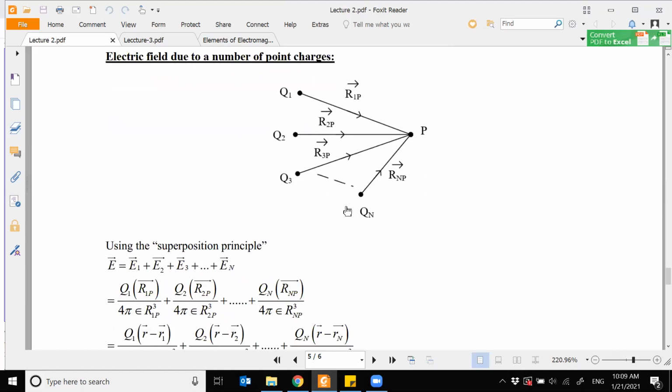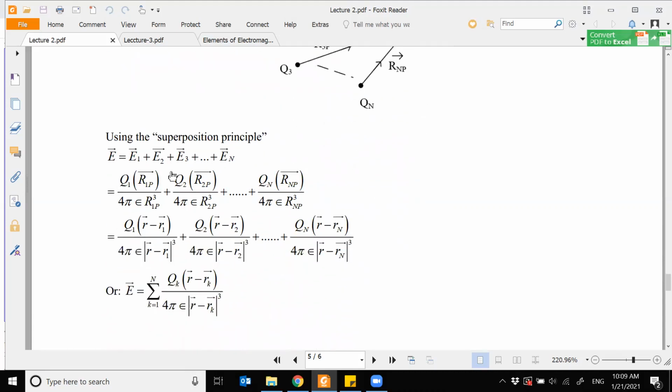If these are all my distance vectors, then the electric field that you will see here at this point, due to all these charges, will follow the superposition principle. That means it will be the electric field exerted at this point due to Q1 plus the electric field exerted at this point due to Q2, Q3, and so on up to Qn.